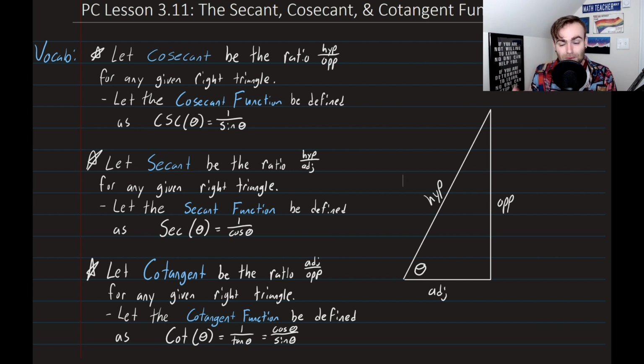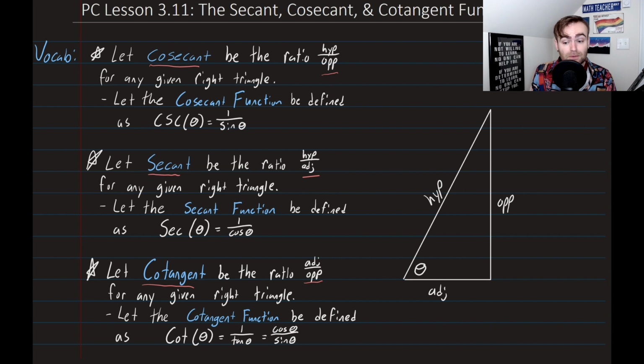We get the cosecant, secant, and cotangent ratios. We're going to define cosecant as hypotenuse over opposite. We're going to define secant as hypotenuse over adjacent, and we're going to define cotangent as adjacent over opposite.